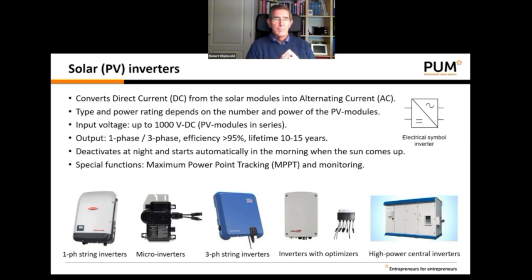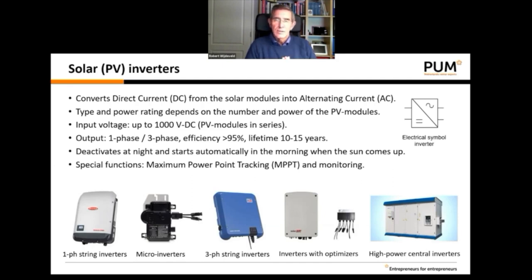The input voltage is up to 1000 volt DC, so PV modules in series. The output is connected to the grid for one phase or three phase. The inverters have an efficiency higher than 95%, and the lifetime of an inverter is 10 to 15 years.